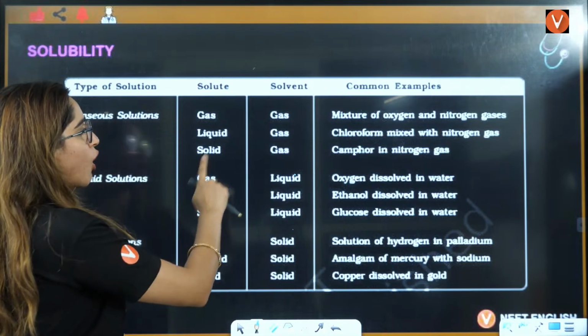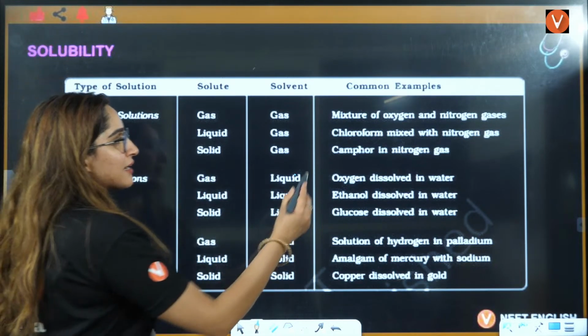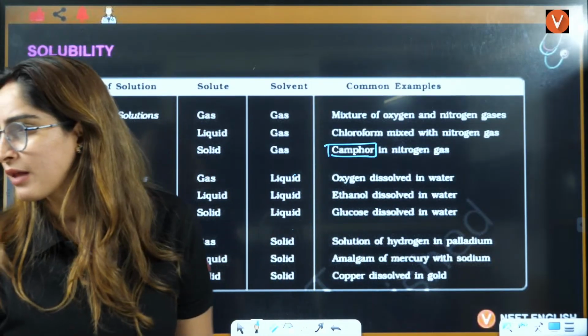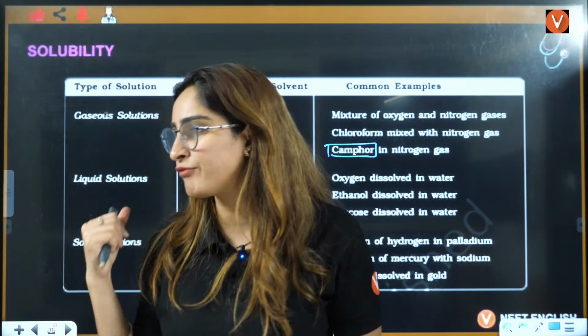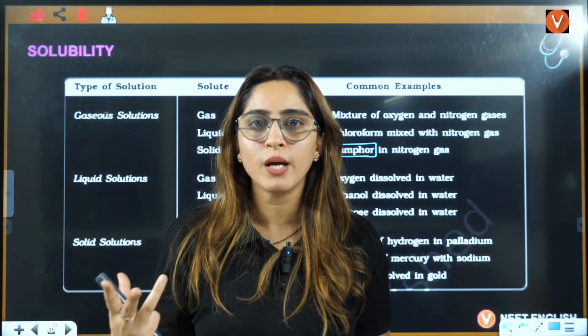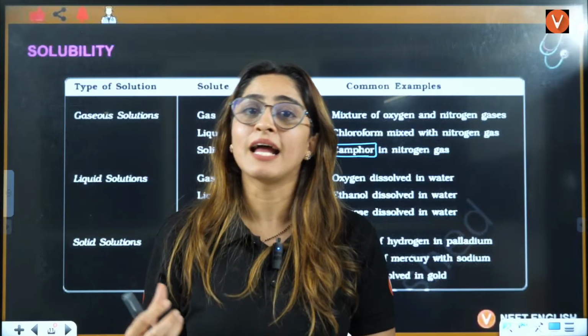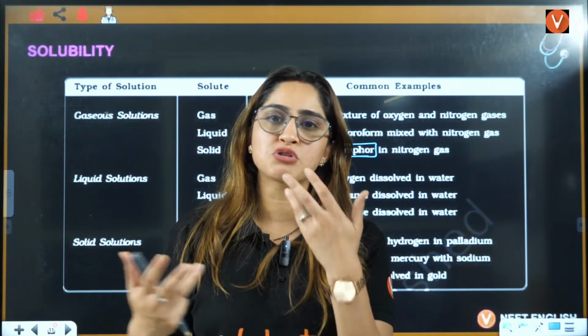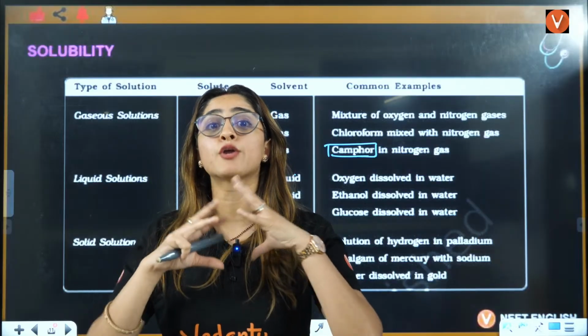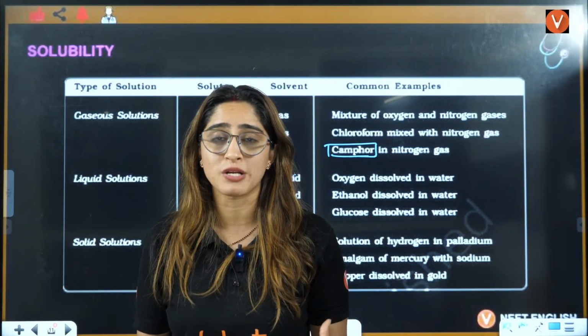Then you have solid in gas, right? That is camphor. Okay, tell me one property of camphor. How many of you know what camphor is? Kapoor, do you know, guys, what is kapoor? Sublimation. That kapoor that is usually used in temples, or for good aroma, right?